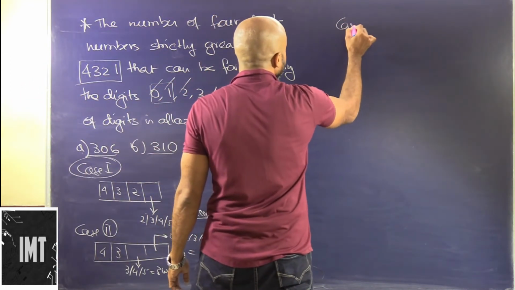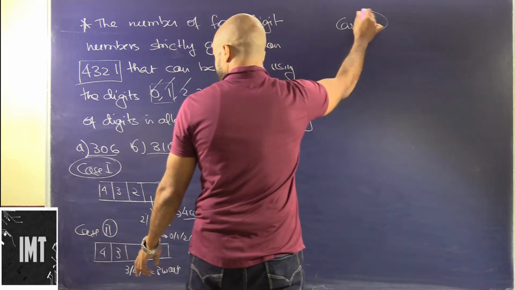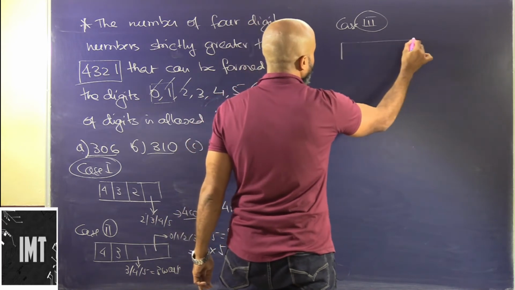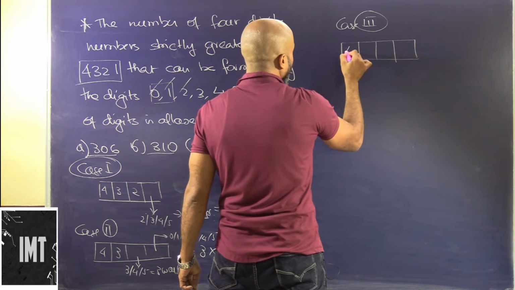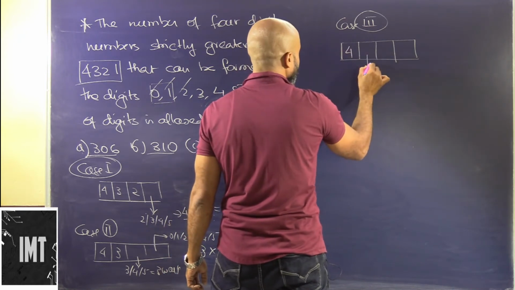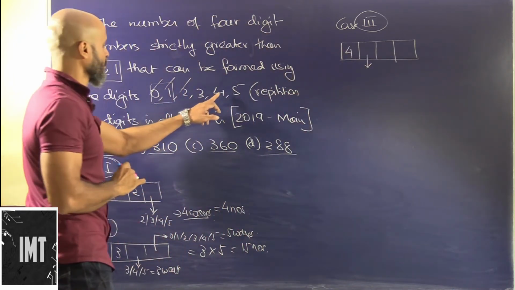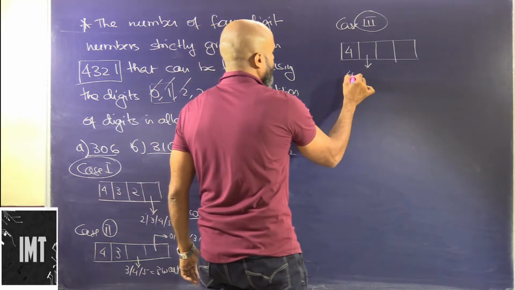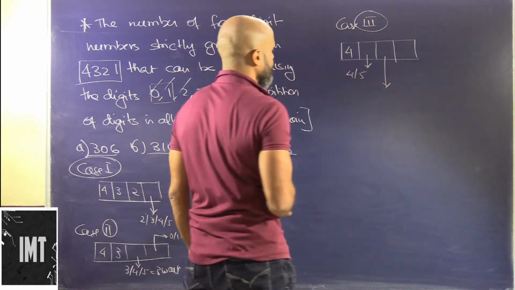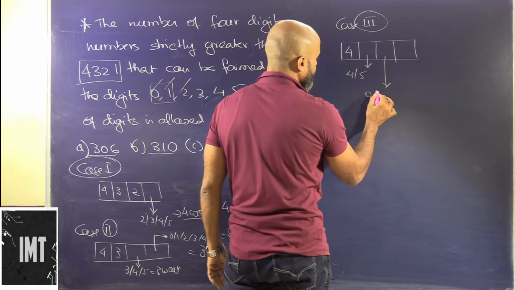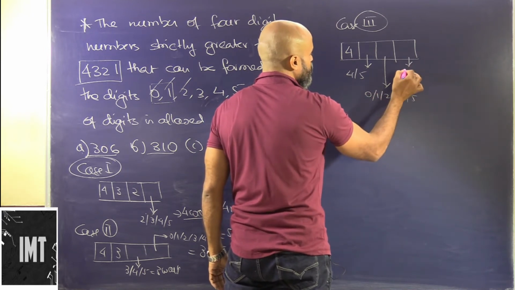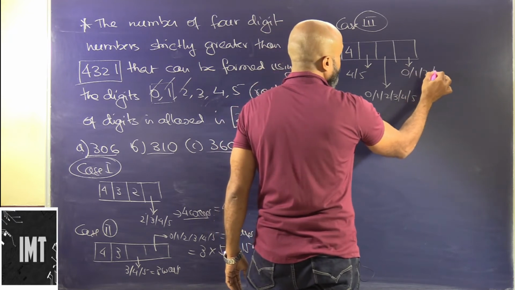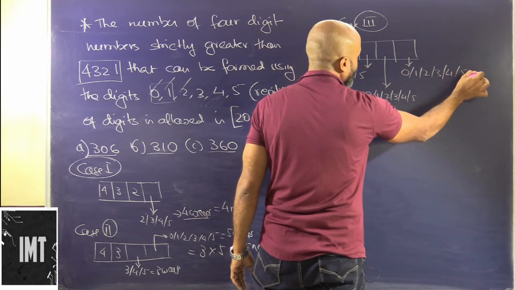Let's take case 3 here, in which we will come to this digit. Let's say we have here 4, and now this 3 can be filled in only 2 ways, that is 4 and 5. Now this can be filled with any of the digits 0, 1, 2, 3, 4, 5, and this also can be filled by any of the digits 0, 1, 2, 3, 4, 5.